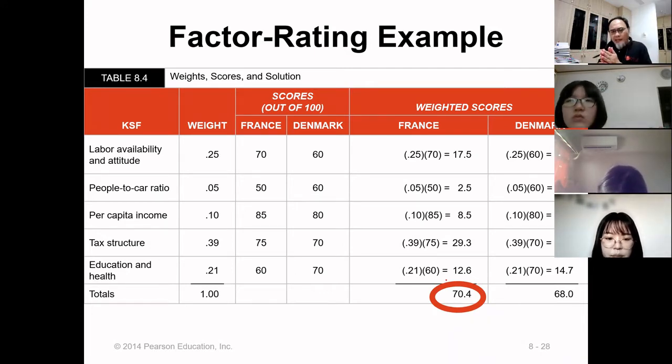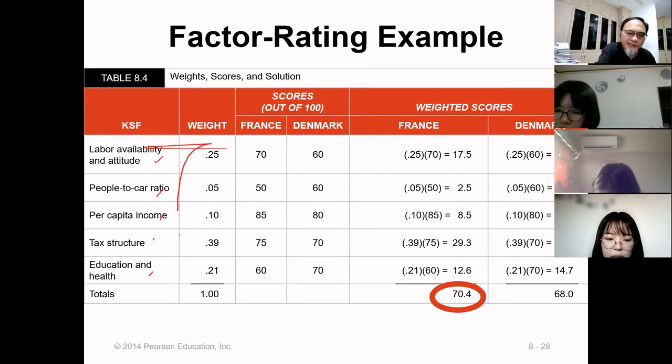For example, Disneyland wants to set up a new theme park, in Denmark or in France. So they use the so-called key success factors. Assume that these are the importance weights they have already considered.